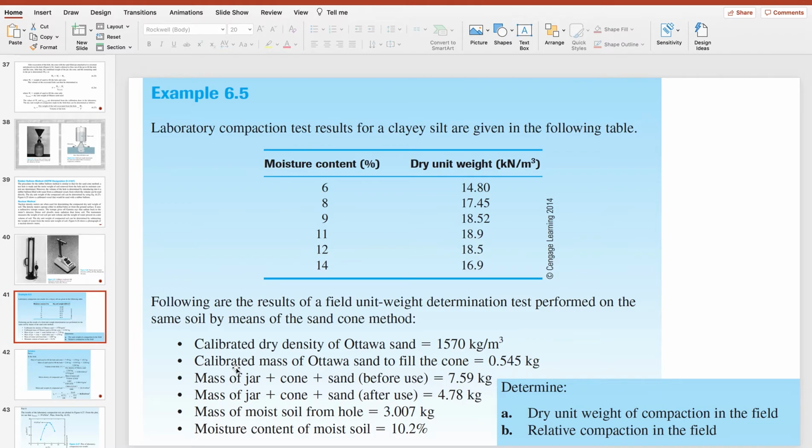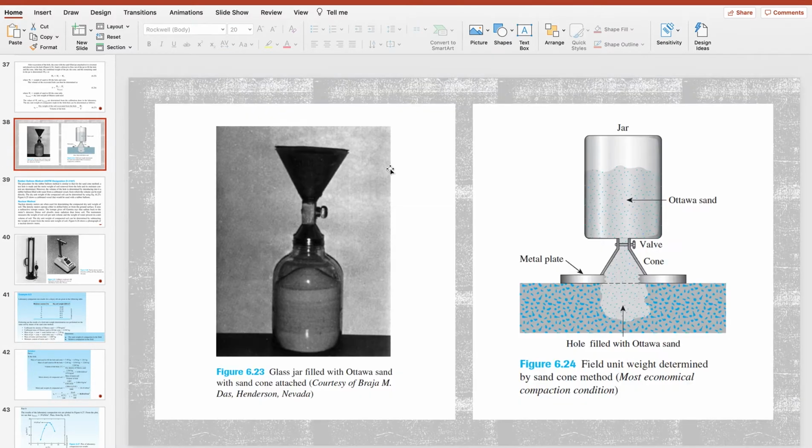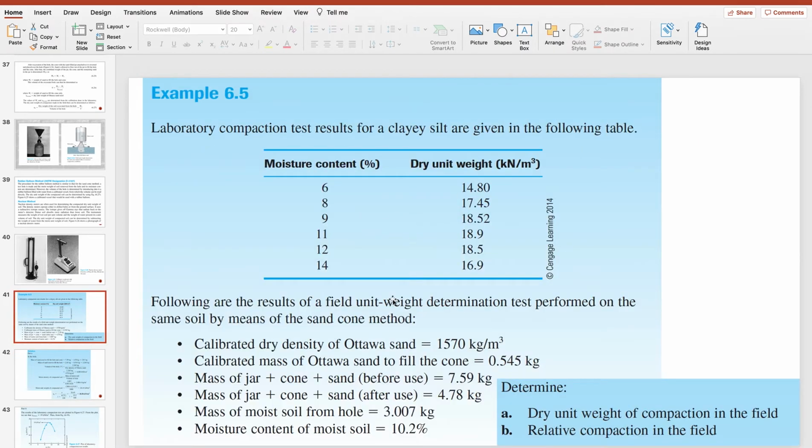So katulad ng sabi natin kanina, kukunin natin yung mass nila, yung jar, yung puno, and pati yung funnel, okay, or yung cone. Then, the mass of the jar, the cone, plus the sand after use. So, ang gagawin natin to get, before that, the mass of the moist soil from the hole is 3.07 kilograms. The moisture content na makukuha natin through laboratory oven drying, we have 10.2%. Okay?